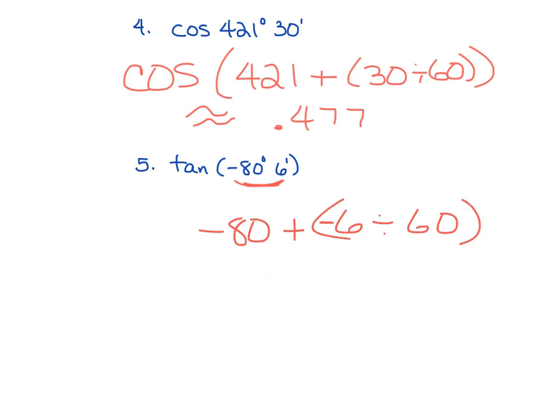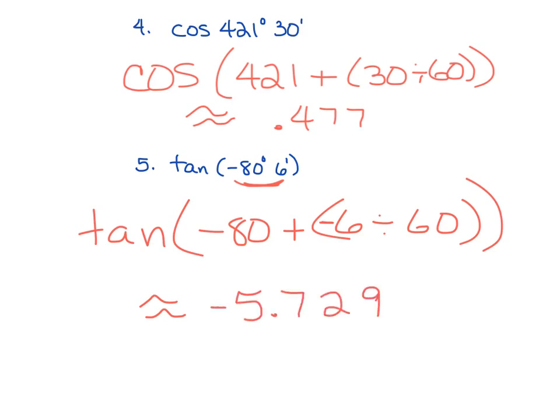So you're doing negative 80 plus negative 6 divided by 60. And again, no reciprocal here. It's just the tangent. And then you would hit enter. Once you do this, you should get approximately negative 5.729.